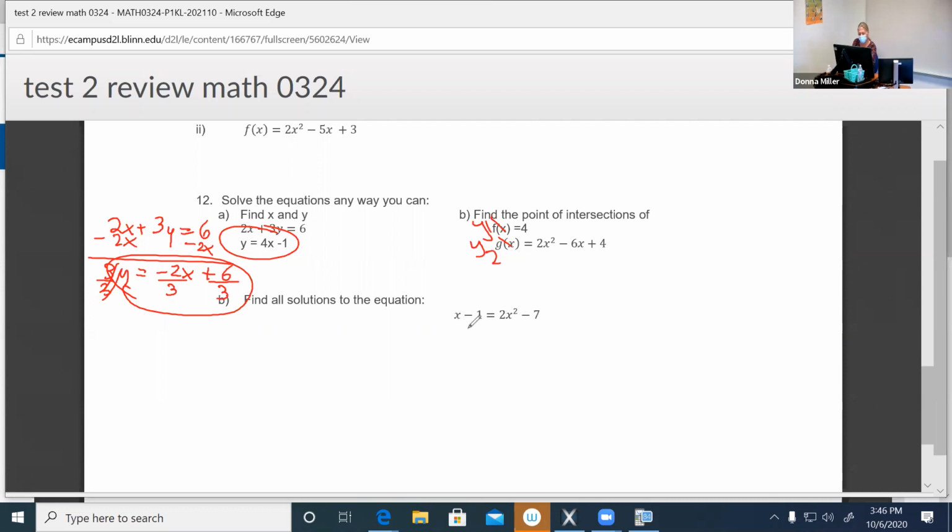All right, and if they want you to find the solutions of an equation, you can move everything over and set it equal to 0 and factor it, or you can just go ahead and plug it in the graphing calculator, all right? So I'm just going to plug this one in the graphing calculator.